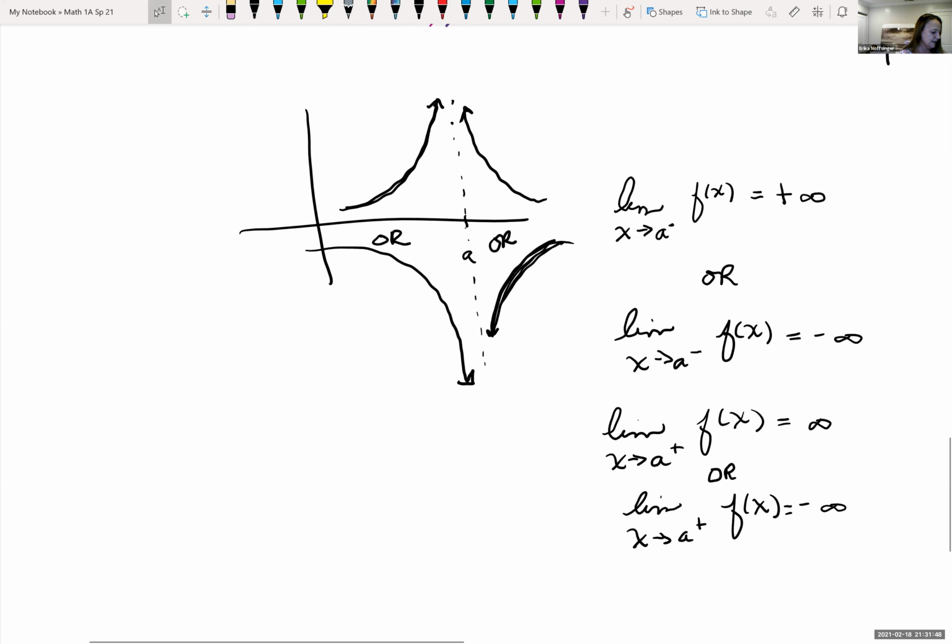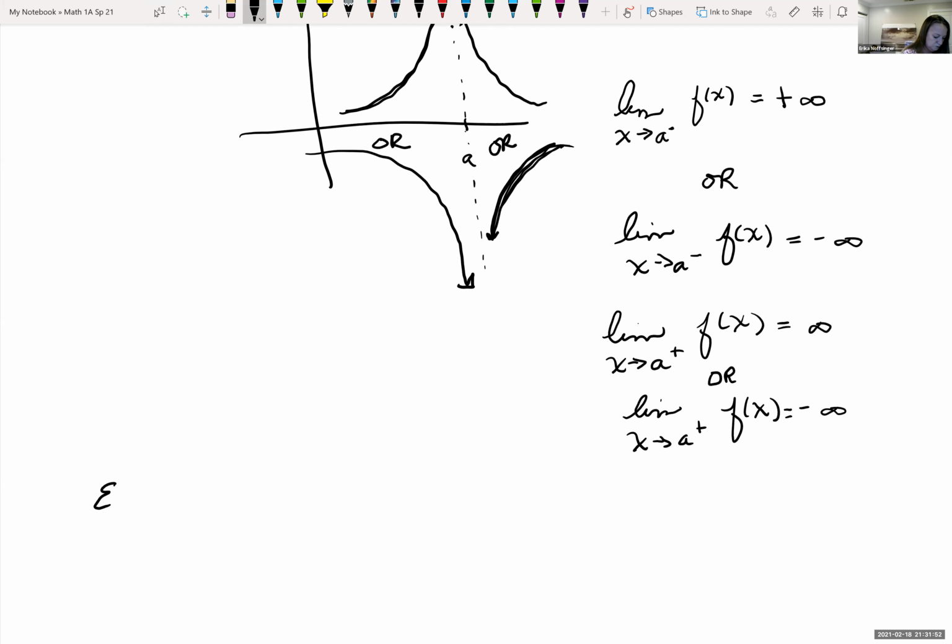So let's look at an example. Let's look at the limit as x is approaching 0 from the right-hand side of 5 over 2x.